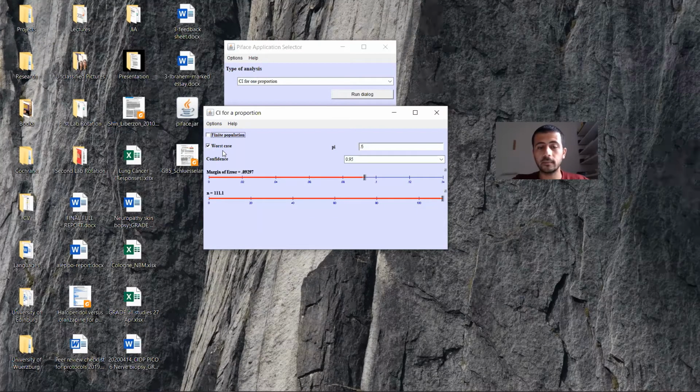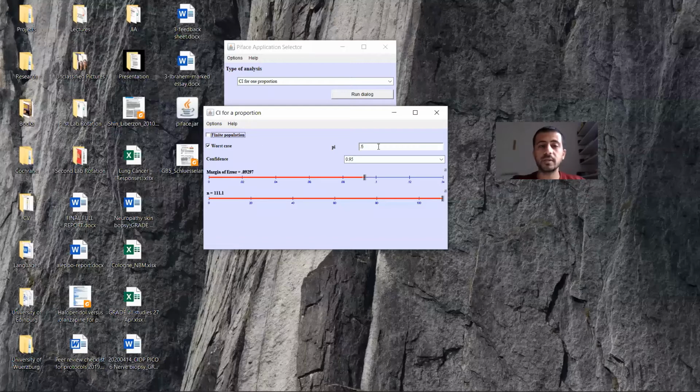Because it's similar to chance, right? But when I have a very extreme proportion, then I know this is not the worst case. If I get 100%, this can't be by chance.